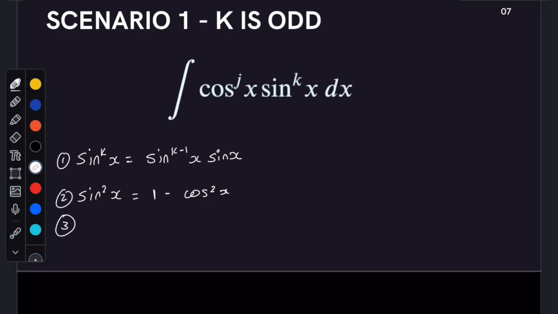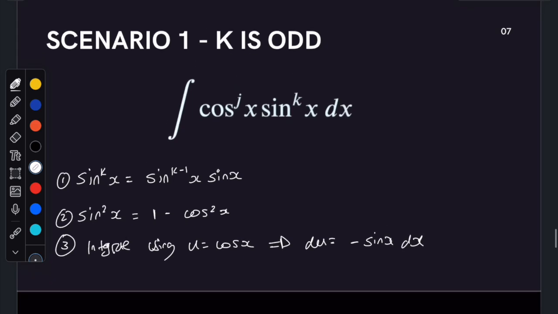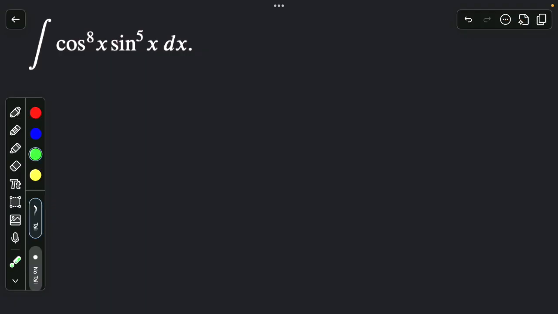And then we're going to integrate using u equal to cos x, which means that du is going to equal minus sine x dx. Now this looks a bit complex, but we're going to go through an example and everything will be simplified. Alright guys, so here we've got a very clear example where k is odd.